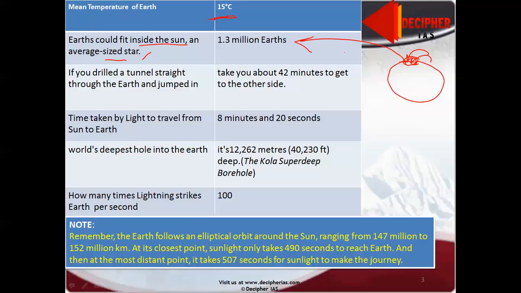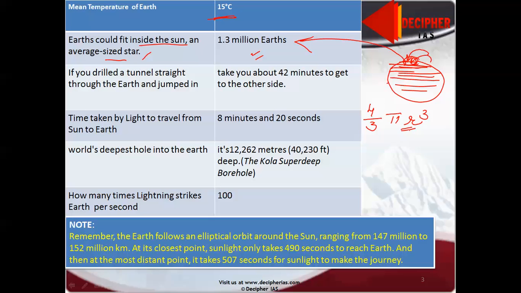If we melt all the Earths and pour them in, 1.3 million Earths will completely fill the volume of the Sun. Okay, I will tell you how it is calculated later. Or I will tell you here only. You know, the volume of a sphere is 4 by 3 pi r cube.